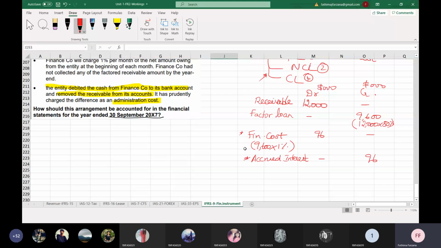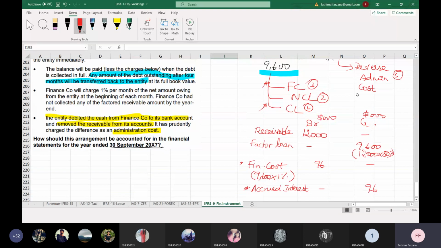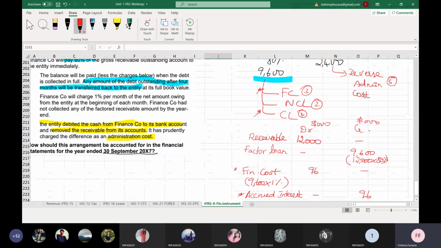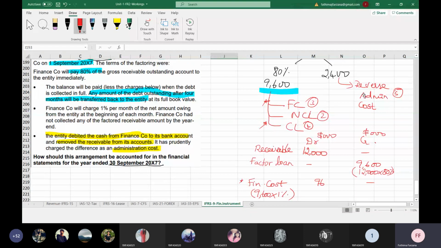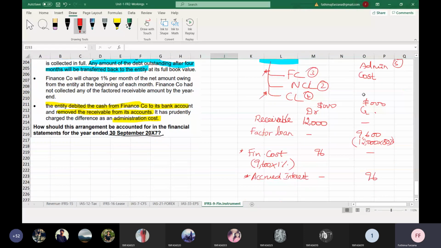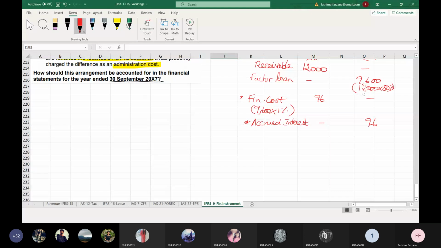Then what else is there? What about this 2,400? Reversal. Admin cost, if I have to reverse it, what should I do, debit or credit? Credit. Very good. How much? The difference between 12,000 and how much I received, 9,600.